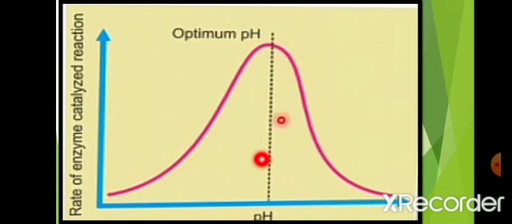While the trypsin enzyme that works in the small intestine has pH 8, so it will work at its maximum rate at pH 8. Extremely high or low pH values generally result in complete loss of activity for most enzymes.